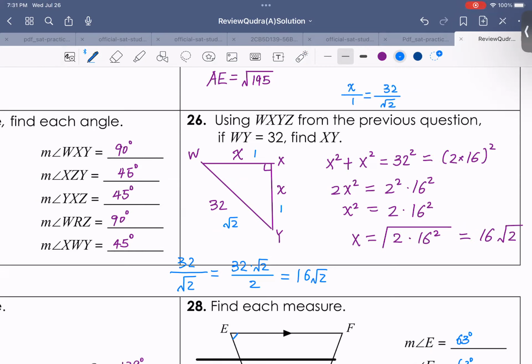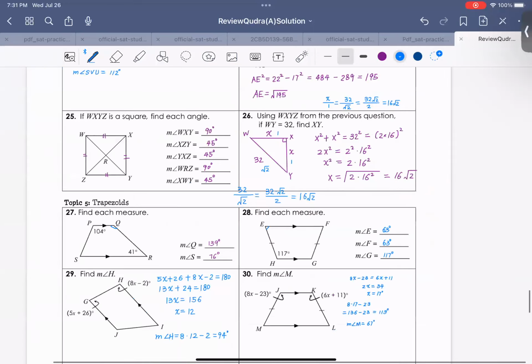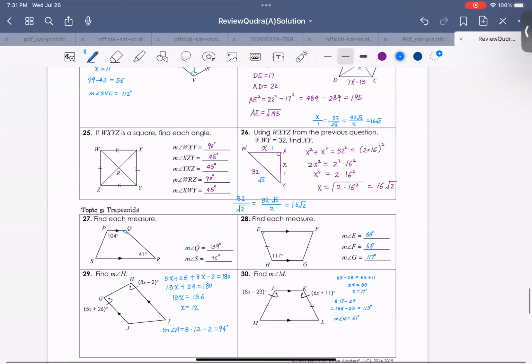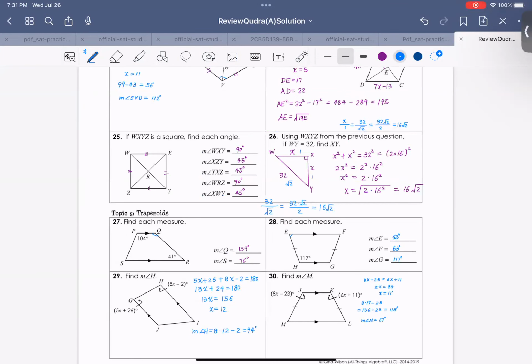So 32 divided by square root 2, multiply the square root 2 on top and bottom. So this is 16 times square root 2. That's what's going on. Make sense? Yes. Any questions so far?